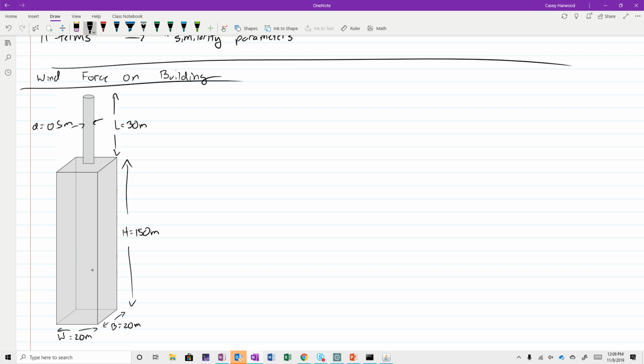They're interested in knowing what the drag force is when the wind is blowing 20 meters per second. And we're going to assume that the density and viscosity of the air are at standard temperature and pressure, with viscosity 1.79 times 10 to the minus fifth Newton second per meter squared.